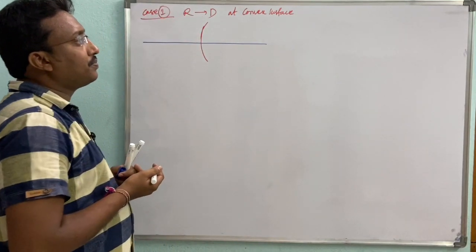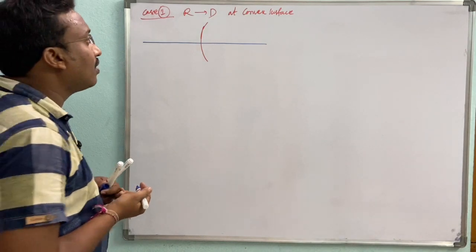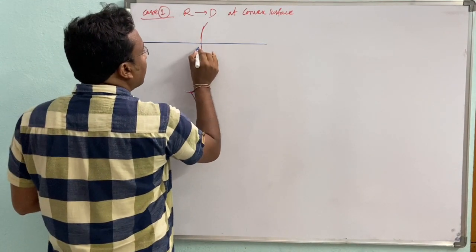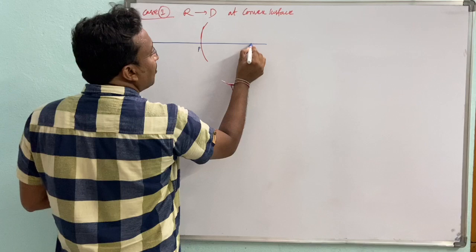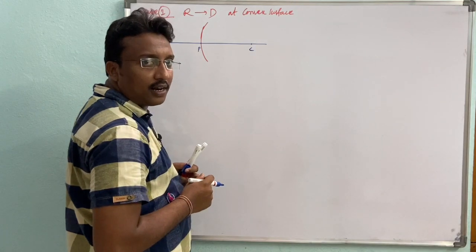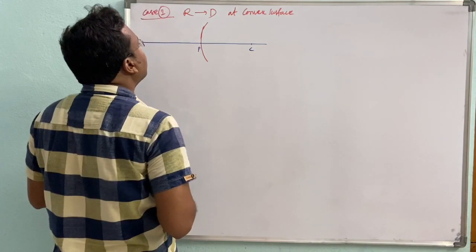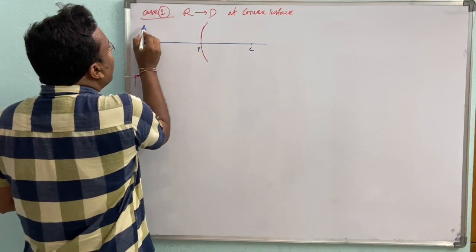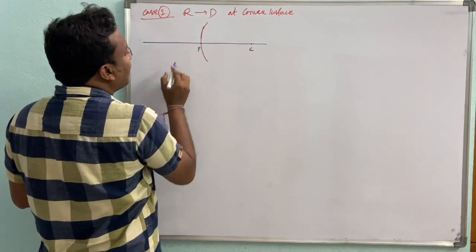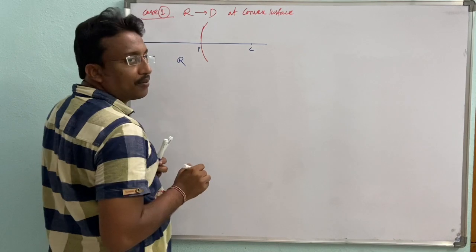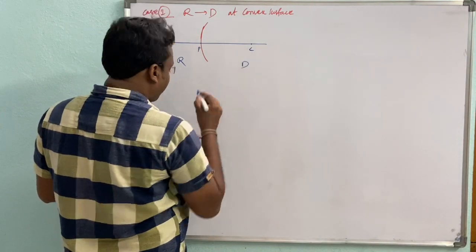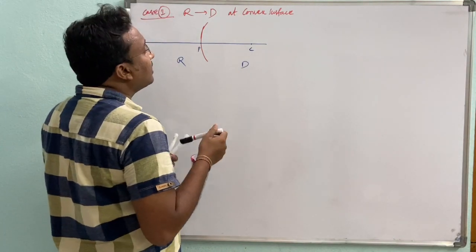This is the normal. This is called the principal axis. Why? Because it goes through the pole and the center of curvature. Right. One is rarer to denser. Here it is a rarer medium, and here it is a denser medium.